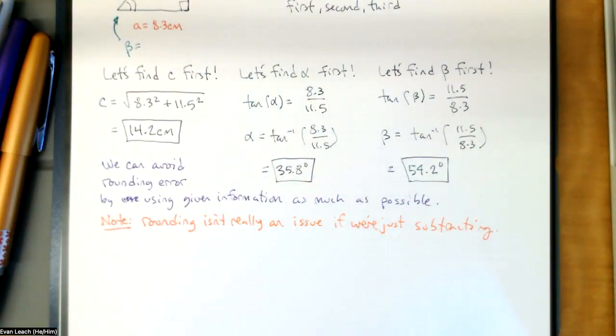If all we're going to be doing is subtracting, then rounding is less of an issue. Because notice that the subtraction that we've got here, we're just subtracting one of these angles from 90 degrees. The two acute angles will add up to 90.